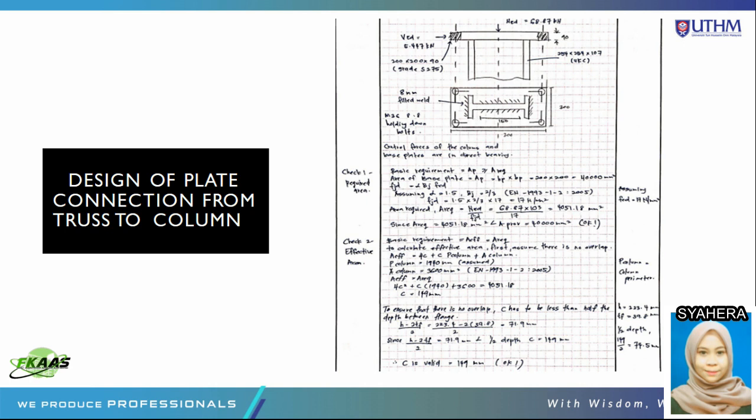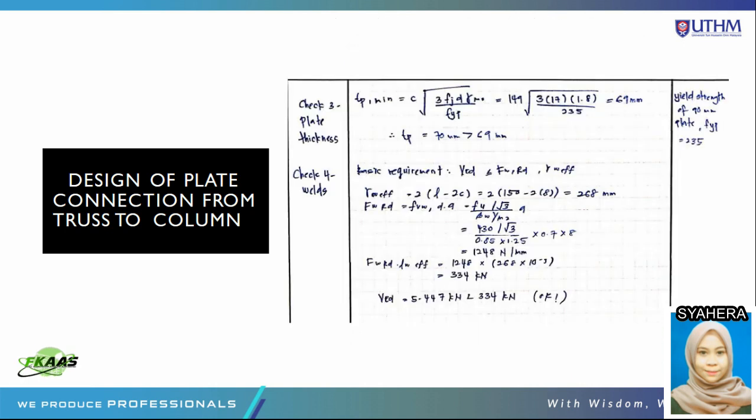The C value is 149 millimeter. The C value is valid, and the TP minimum is 70 millimeter, more than 69 millimeter. And lastly, the FWRD gamma M effective is 334 kilonewton, and the VED value is 5.447 kilonewton, which is less than 334 kilonewton, and it is accepted.